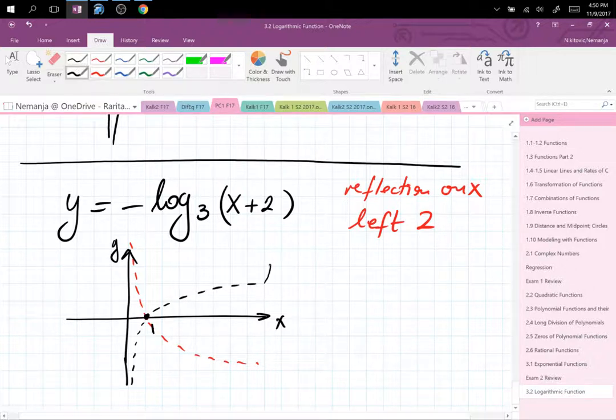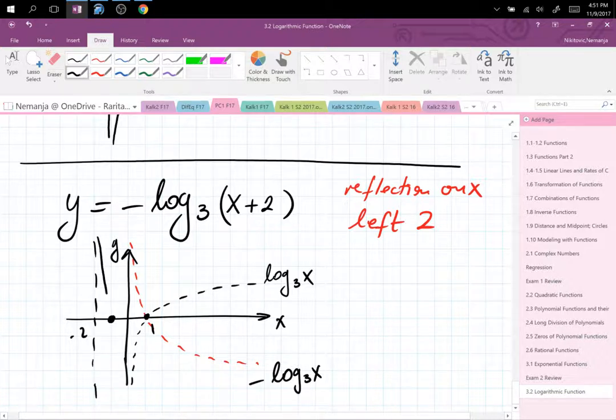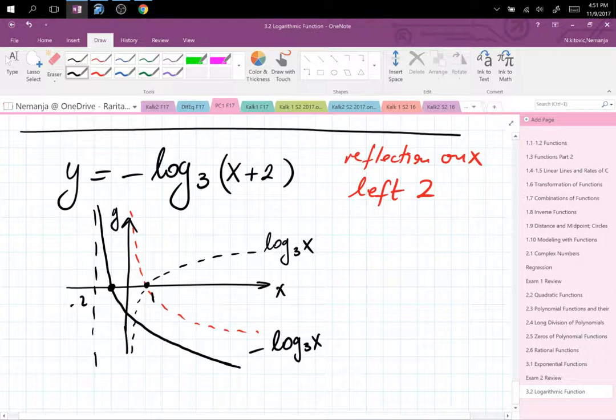So this one over here is log base 3 of x. This one is minus log base 3 of x. And then the final step is left 2. And that's the final graph.